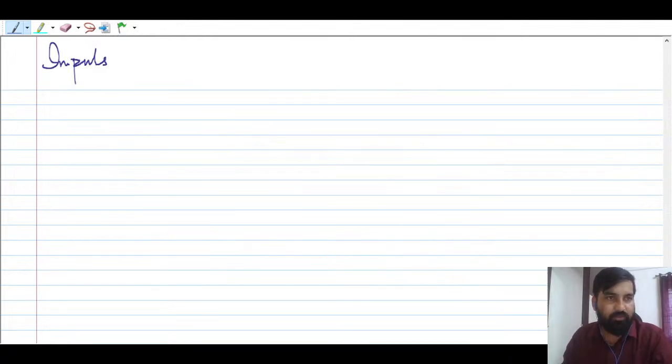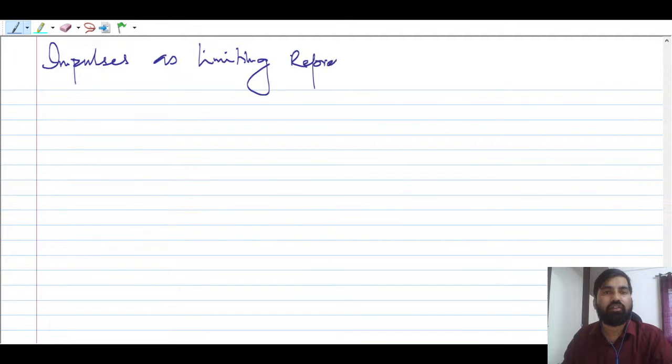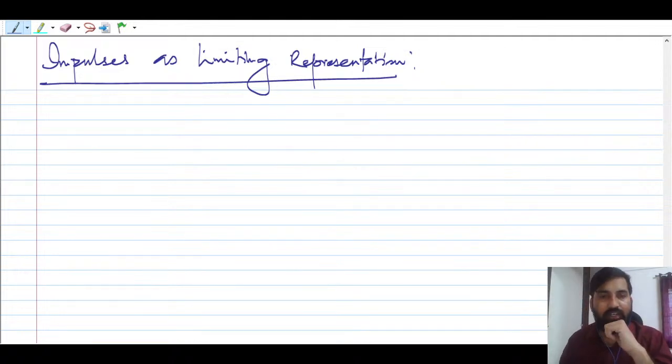Impulse as limiting representation. So what you can do here is take any rectangular pulse. This is going to be a generalized concept. Suppose I take one rectangular pulse of width tau and height 1 by tau.